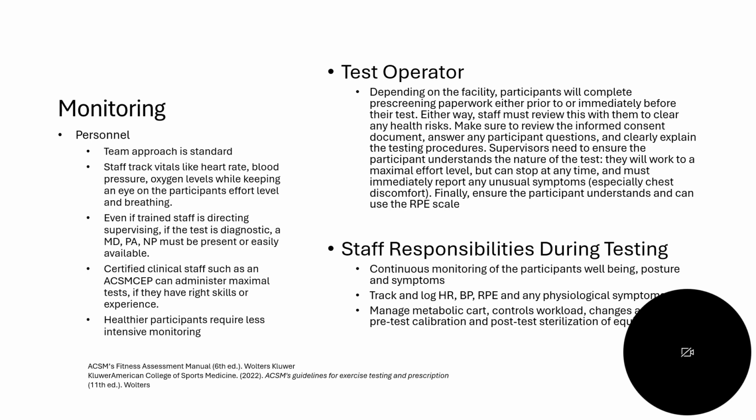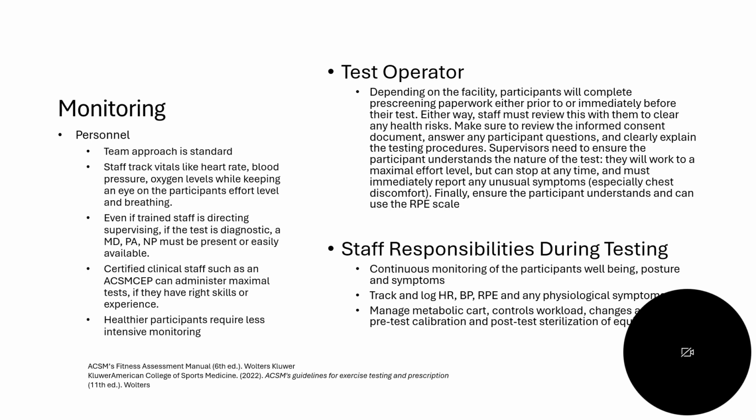The second area would be the test operator, and this depends on the facility. Participants will complete pre-screening paperwork either prior to or immediately before their test. Staff will review this with them to clear any health risk. Also, the staff will make sure to review the informed consent document, answer any participant questions, and clearly explain the testing procedures.